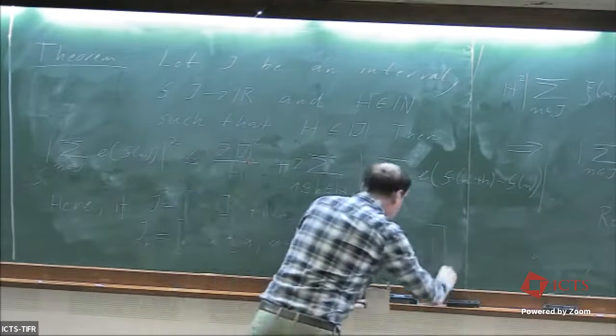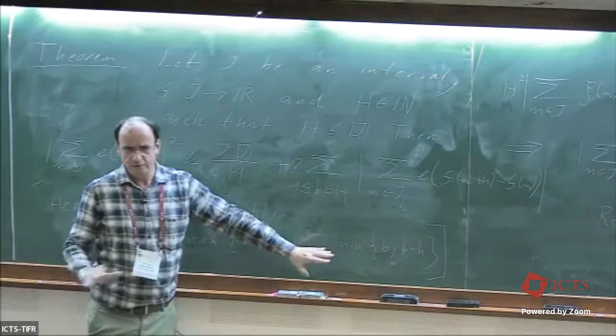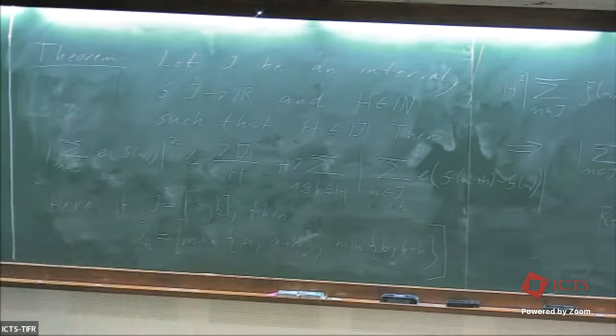So a subinterval, but if h is small compared to the interval length, then it will not deviate much from the original interval, I. Good, so that was a long calculation.